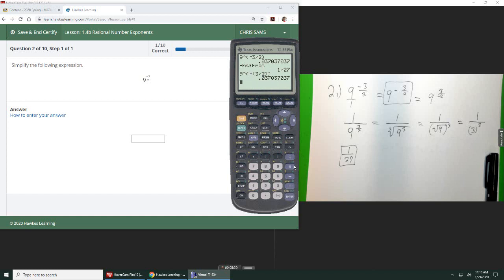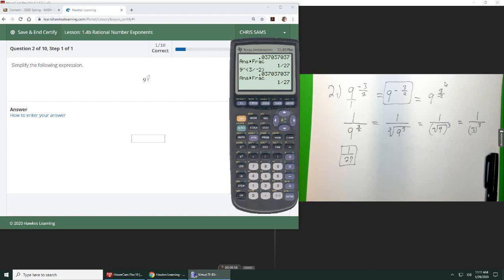Okay, you get the same thing, and if I do math, enter, same thing. Okay, and then if I do it the last way, I'm going to put the negative on the bottom. 9 raised, open parentheses, 3 divided by negative 2. Same decimal answer. If you hit math, enter, okay, you get 1 over 27.